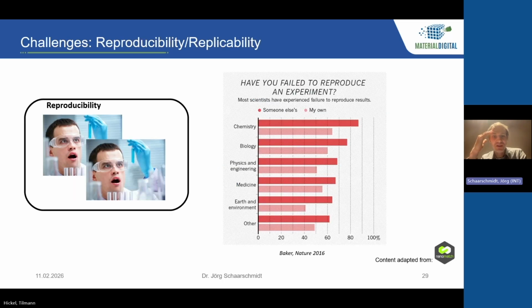But this makes it very challenging to reproduce, because there are so many steps that can go wrong and which are often poorly documented. There has been a big study in 2016 on how hard it is to reproduce certain experiments, not only those from others, but even your own results. And this holds true even for simulation.